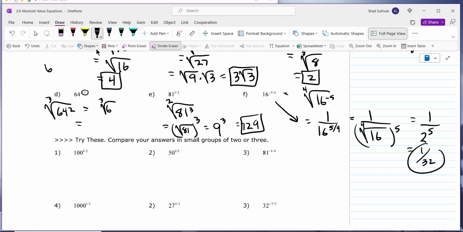It's easier to do the cube root of 64, then raise that result to the second power. The cube root of 64 is 4, because 4 times 4 times 4 is 64. And then 4 to the second is 4 times 4, so that's 16. So that's how I worked that out.